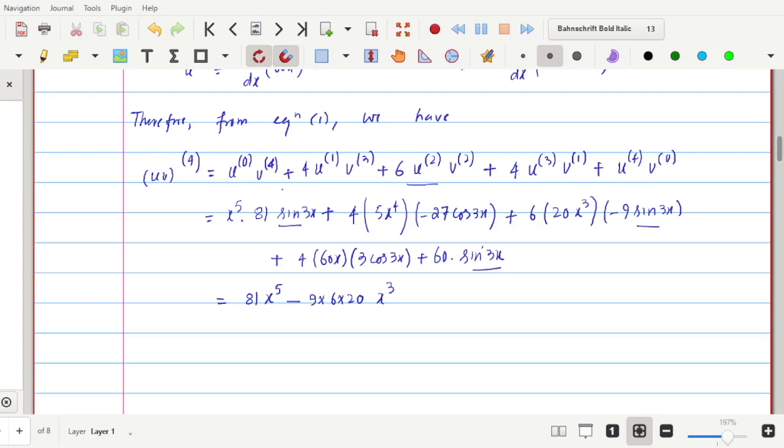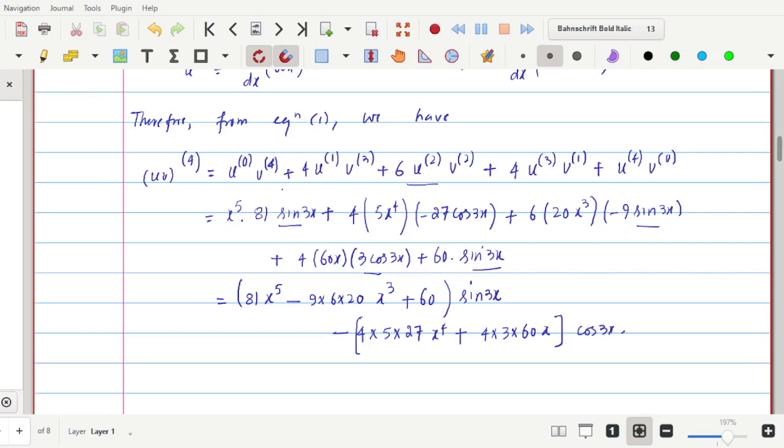Then similarly this term is plus 60 into sin 3x. Then plus the remaining terms which have cos with them, so it is 4 into 5 into minus 27, so this is minus 4 into 5 into 27 into x power 4, and plus this term with cos, so this is plus 4 into 3 into 6, and it has also x with it, multiplied by cos 3x.